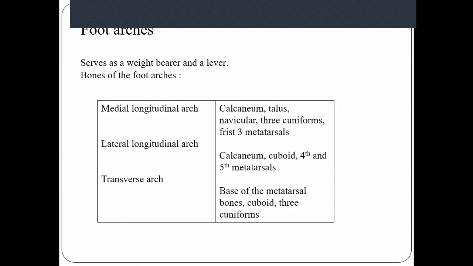There are three curves: medial curve, lateral curve, and the transverse one. These curves serve as a weight bearer and a lever. Because of these curves, your foot is able to bear more weight and act as a lever in the gait, in the process of walking.